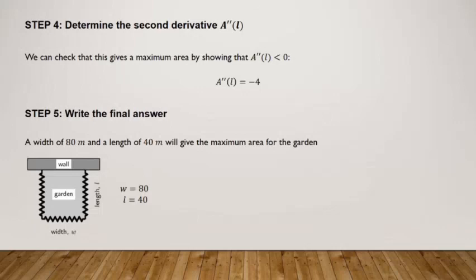A width of 80 meters and a length of 40 meters will give the maximum area for the garden. We write the value here with the label width equals 80 and length equals 40.